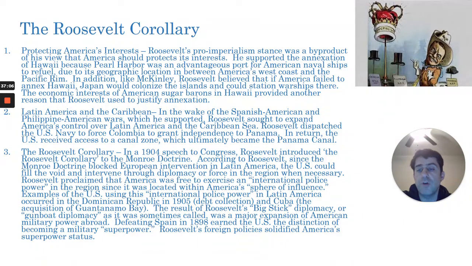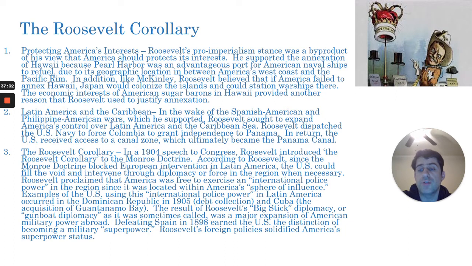The Roosevelt Corollary in particular, and Roosevelt's foreign policy in general, is known as big stick diplomacy. That was Roosevelt's term. He said America should speak softly but carry a big stick, the big stick of military might to wield if necessary.